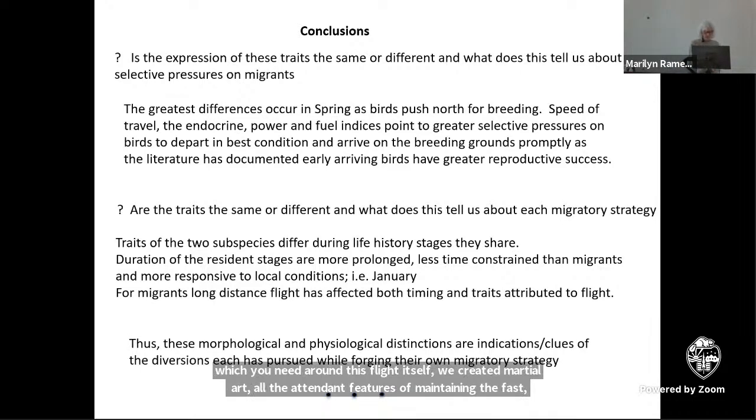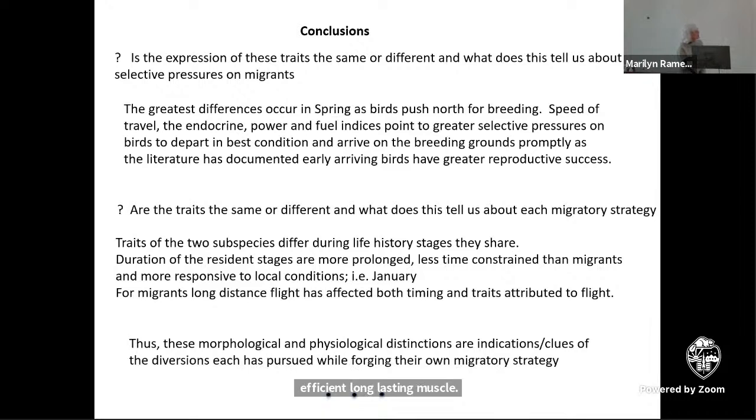So, in conclusion, these morphological and physiological distinctions are indications or clues of the divisions, I think, that have pushed these subspecies into forging these migratory strategies.